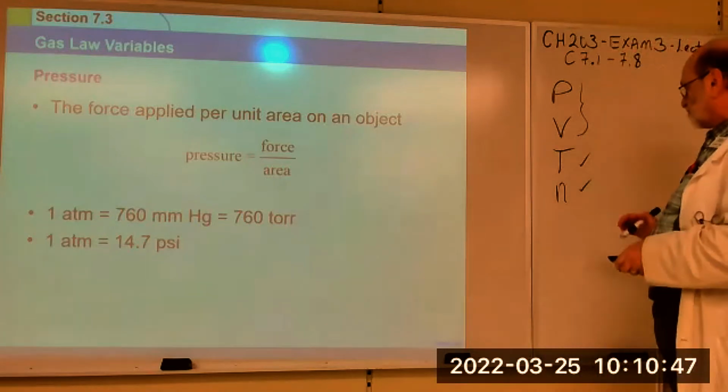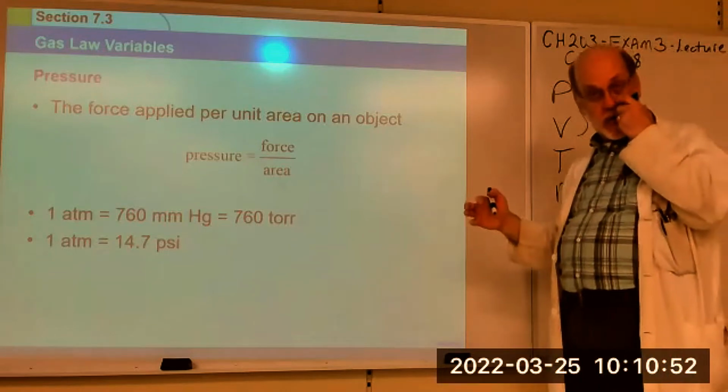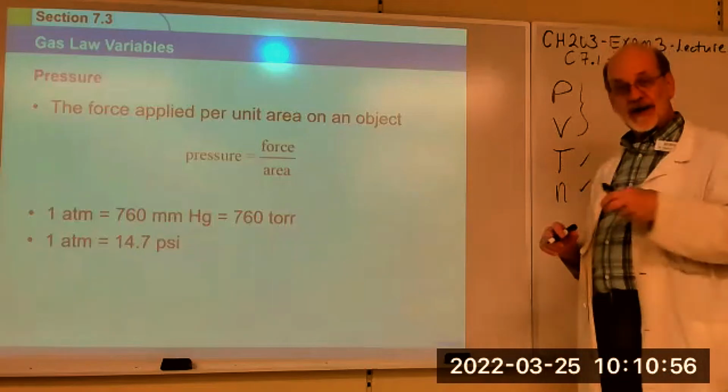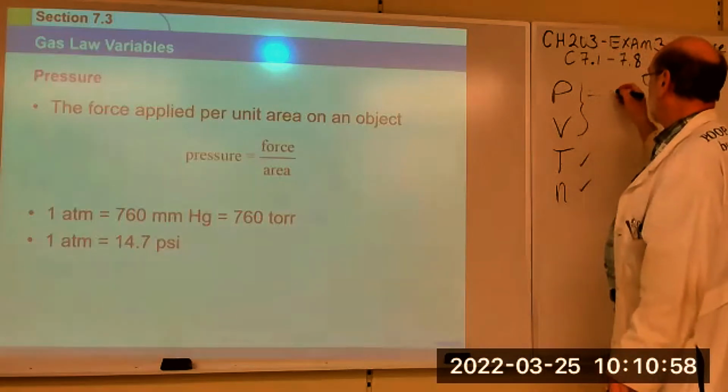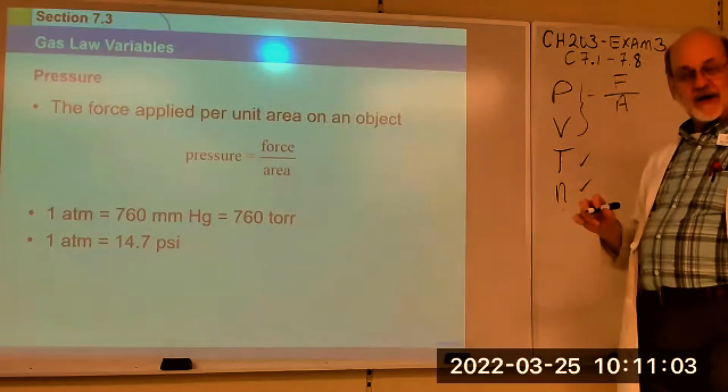Okay? If we're going to investigate pressure and volume, we have to define our terms, right? So how do we measure pressure? Well, pressure by definition is equal to a force per unit area.